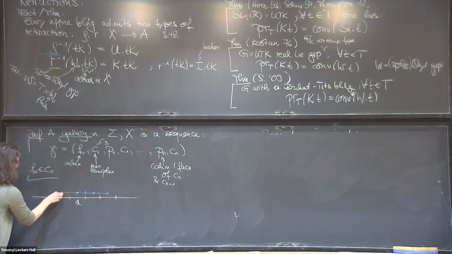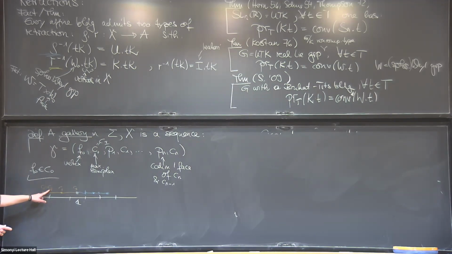Or we could go in the opposite direction, and then maybe, so here's my Z0, C1, C2, and then I decide to repeat this thing. But in order to repeat it, I also have to record a face in between, a face of this now repeated simplex. And the way I draw it is I draw it as if I would bounce off of that codimension 1 simplex here. And then this could be, well, C2 and C3.